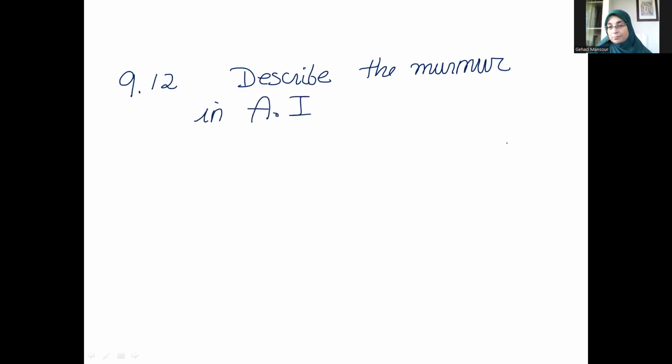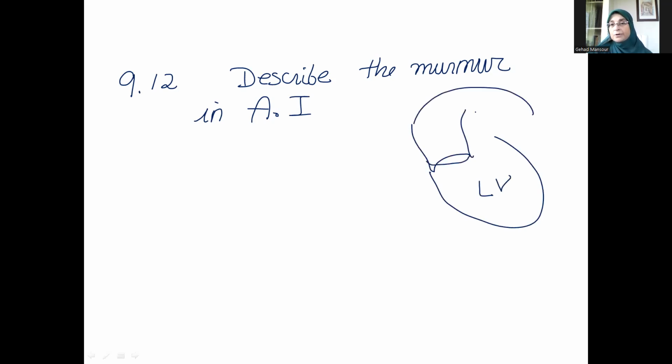So if I draw the left ventricle like this and then draw the aorta, imagine that during systole, the left ventricle pumps blood into the aorta, but during diastole, the left ventricle relaxes and no more pumps blood into the aorta, and the pressure inside the left ventricle diminishes, and therefore there is a tendency of the blood to backflow into the left ventricle.